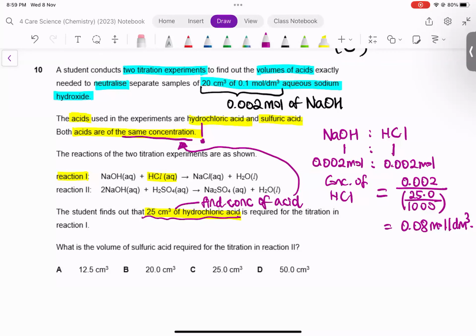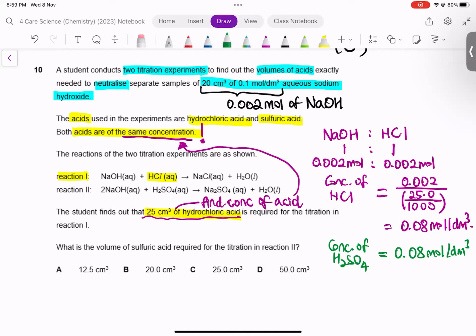All right, so the concentration of HCl we calculate using the data given to us for experiment 1 is 0.08 mole per dm cube. Now what this means is that the concentration of H2SO4 is also 0.08 because you are told that both acids are of the same concentration.